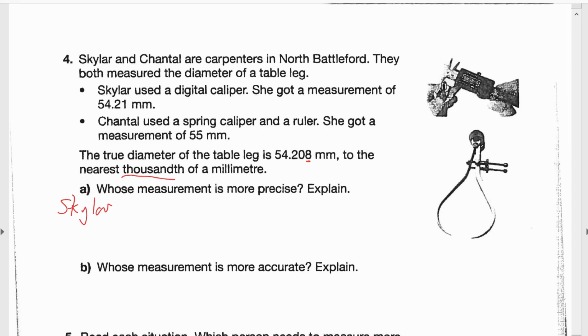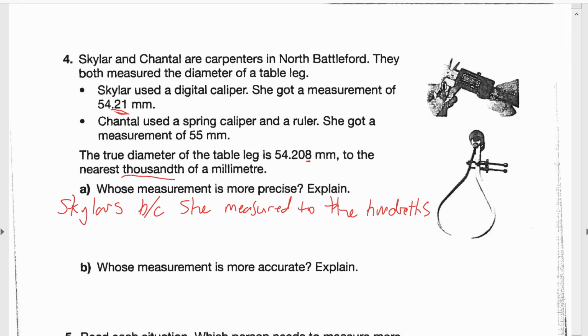Schuyler's is more precise, obviously, because she measured to the hundredths.